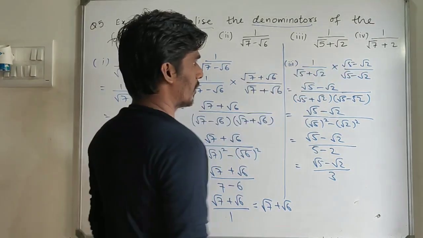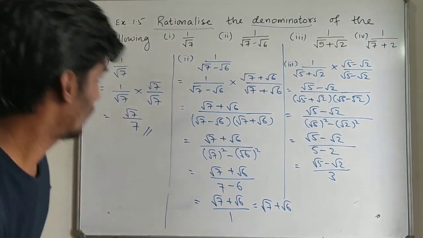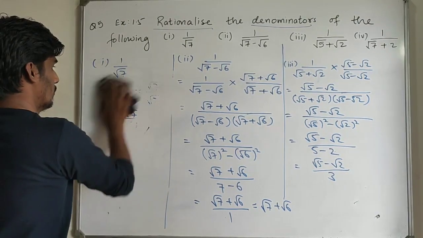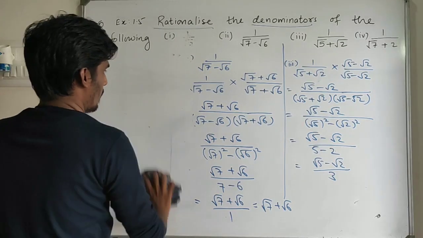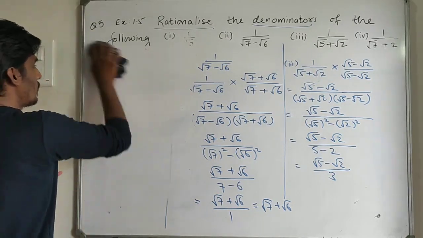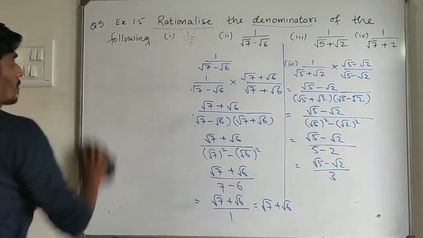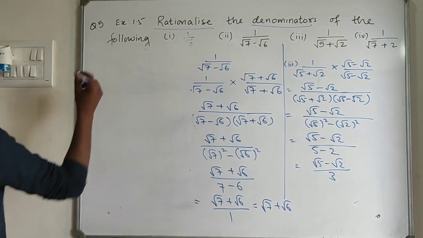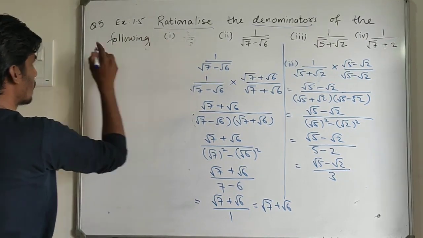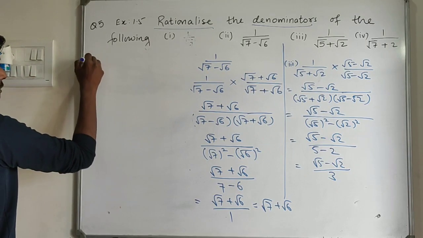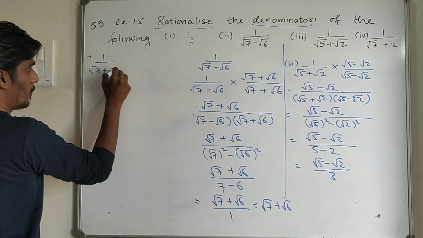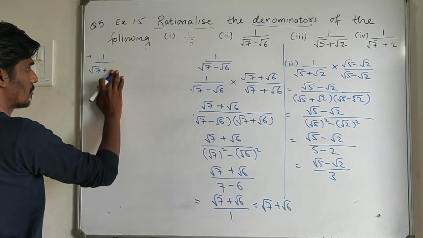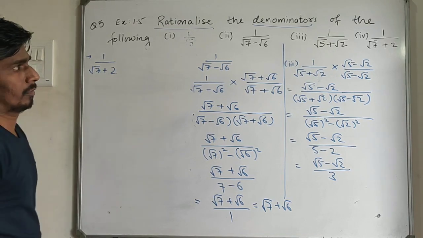Now the last one, the fourth. What is the question? 1 upon root 7 plus 2.